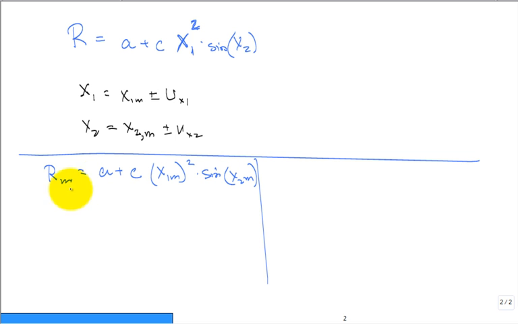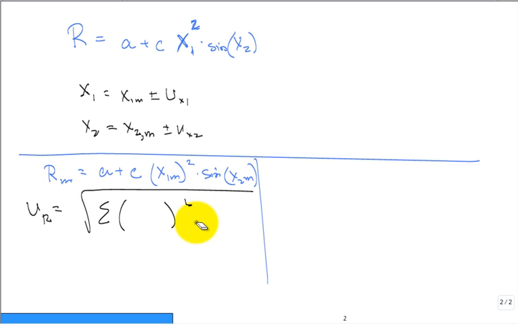But the other approach is going to say, I want to find the uncertainty in the response. That's the hard part. So I know it's a summation of some terms, and then I take the square root, and each of those terms are something squared. Remember the formula? Isn't it the partial of that response with respect to each of the inputs, one at a time? So we'll put i here, and we'll sum over all the i's.